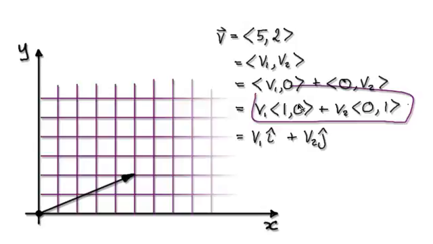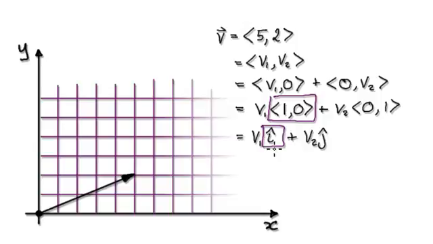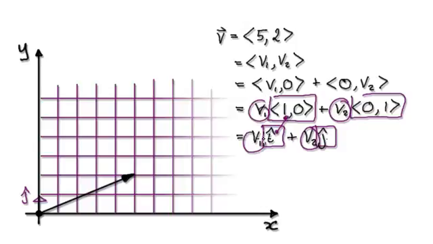We assign a special name for this vector of length 1: i hat. And this thing, in the y direction and of length 1, is j hat. And then this is our constant.